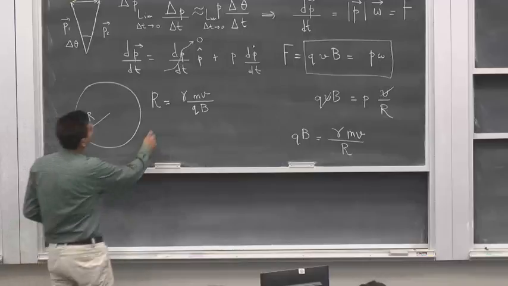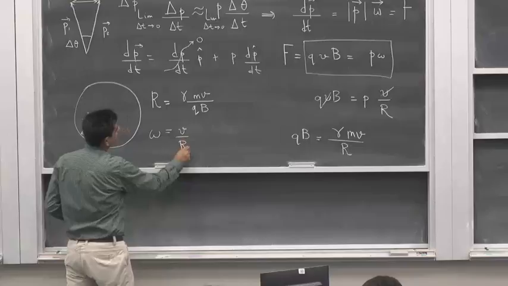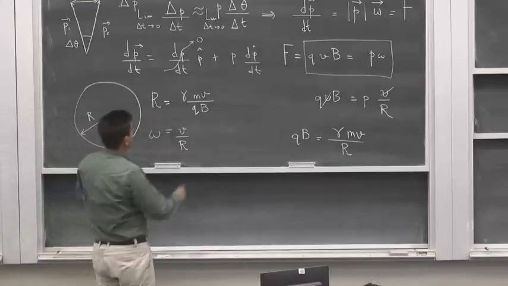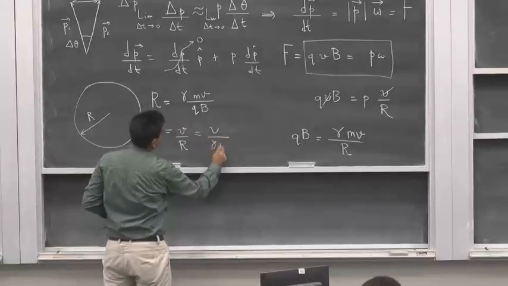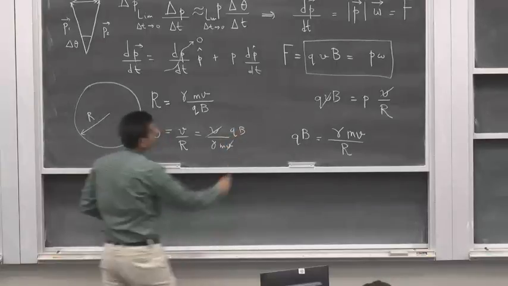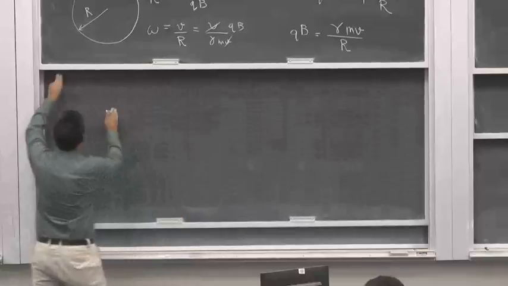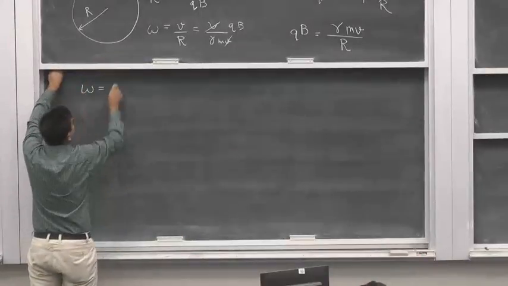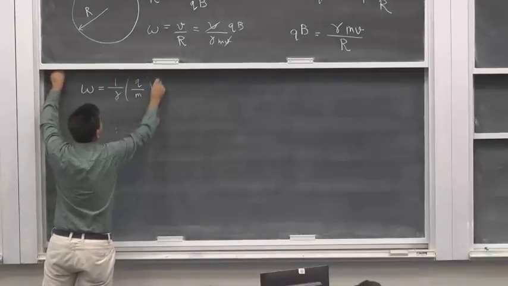If I were to find omega, which is given by v over r, as we know, which is just the angular frequency, I take this v and this r, which is gamma mv over qB, the v goes away, and omega is given by one over gamma, the charge to mass ratio, q over m, times B.